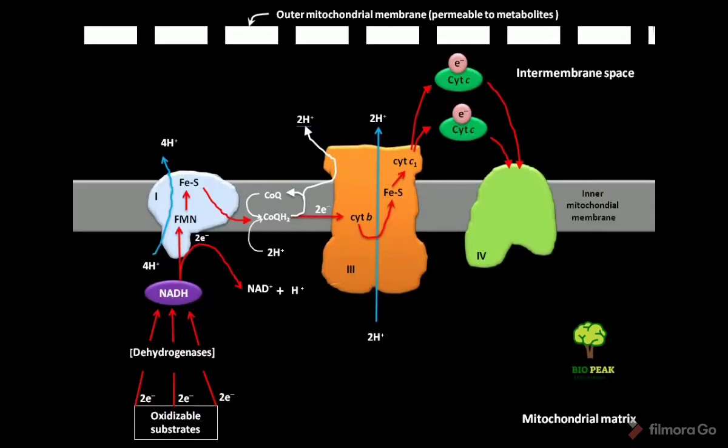This transfer of protons from CoQH2 involves the proton motive Q cycle. CoQ and cytochrome C both act as mobile electron shuttles. They transfer electrons between complexes of the electron transport chain.